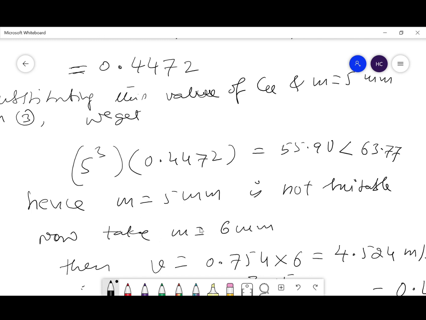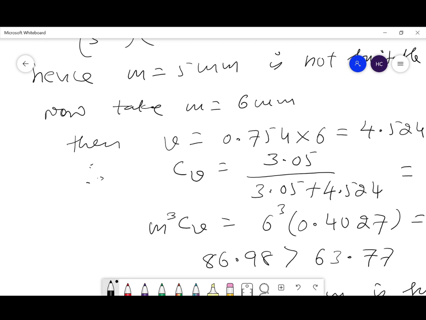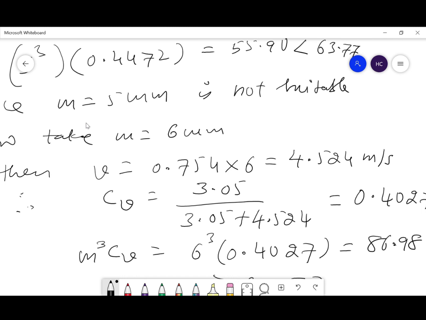So in table 12.2 we have the actual standard modules. There you can have m is equal to 6 mm. Let us take m is equal to 6 mm, and we will see whether this one will satisfy or not. After substituting for velocity, we get velocity 4.524 meter per second, and this is also less than 8 meter per second.